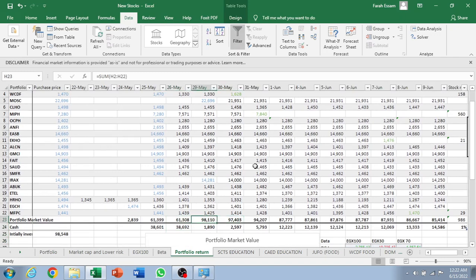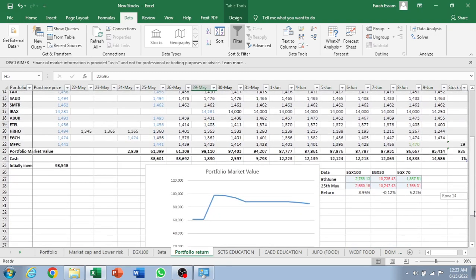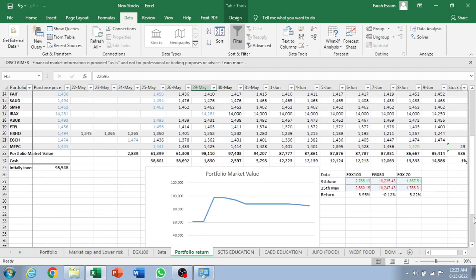As you can see, there were variances here because, for example, during this day I just bought this number of stocks with this value, so the market value was changing due to buying and selling. And we can see that this is really obvious in this graph right here.